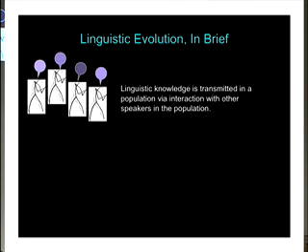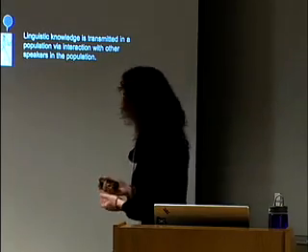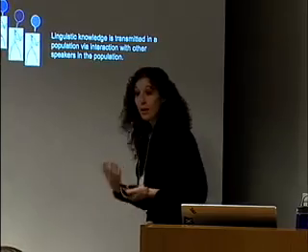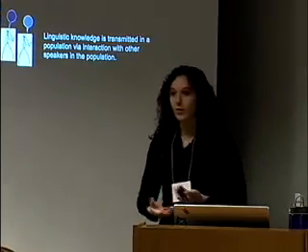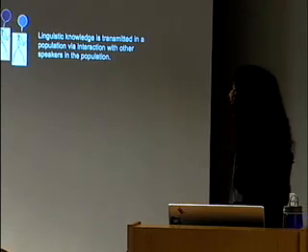about linguistic evolution today. Basically, linguistic knowledge is transmitted in a population via interaction with other speakers in the population, right? This is something we can pretty much accept. Even though there may be some individual variation, which we do expect to see, there is a homogeny at various levels of linguistic knowledge within the population.